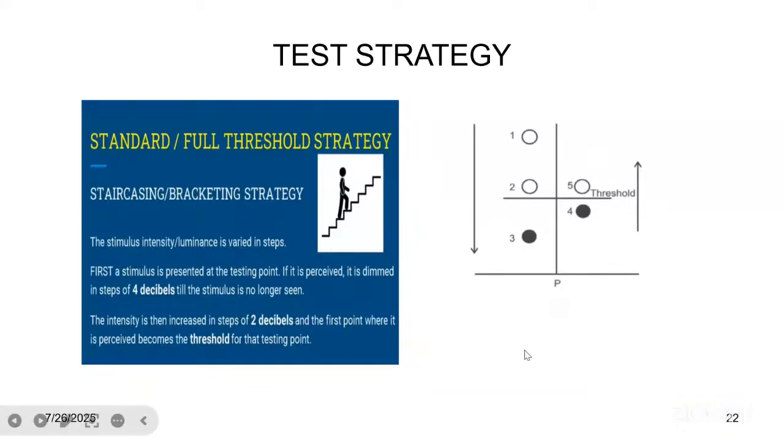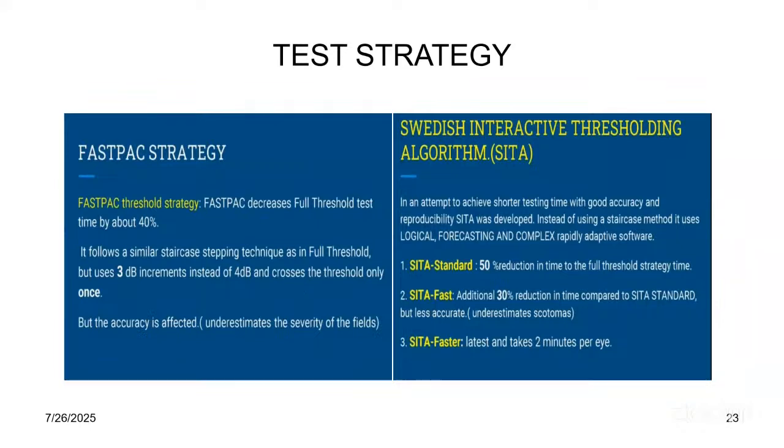But for people that you really need to know the extent of their visual field, not just whether there is a loss of retinal sensitivity, but you also want to know how deep it is, you will need the full threshold. Then the fast pack strategy actually decreases the full threshold time by 40%. And then it follows a similar staircase pattern.